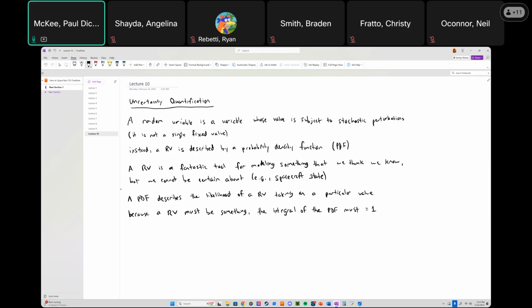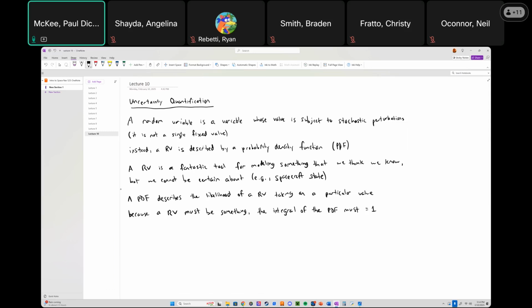So it stands to reason that if we're describing the position of a spacecraft with a random variable or a vector of random variables, then the integral of that distribution has to be 1, because the spacecraft has to be somewhere. Right? There's no way that it's nowhere. It has to be somewhere. That's kind of the idea.